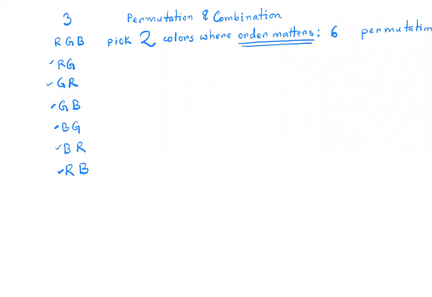So permutation of 2 items from a group of 3 items.